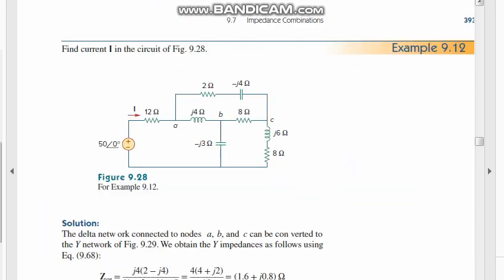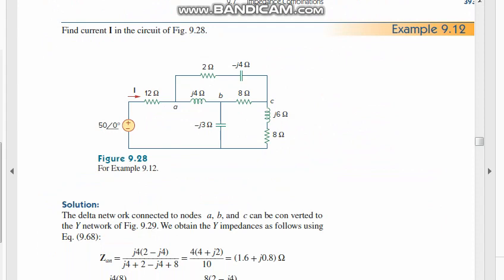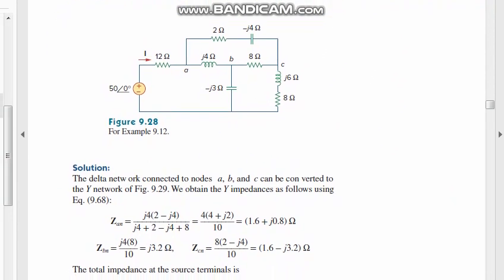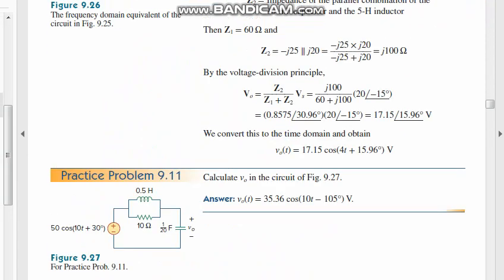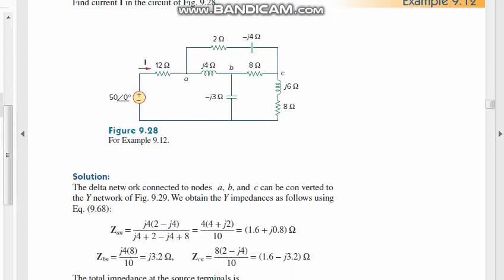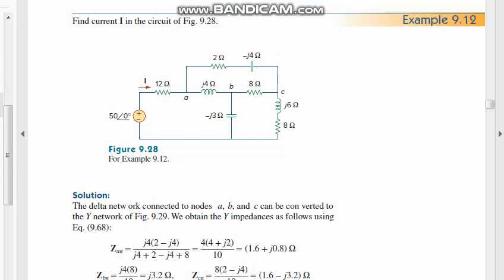Now you can do the practice problem 9.11: find out the V naught here. The omega is given here as 10. This is to find out the current.